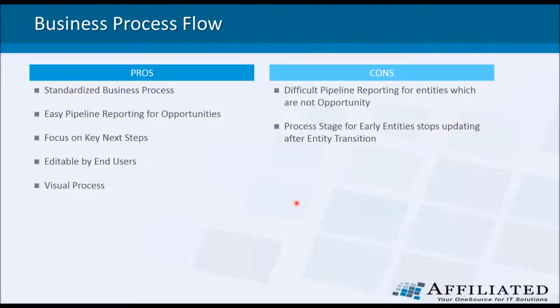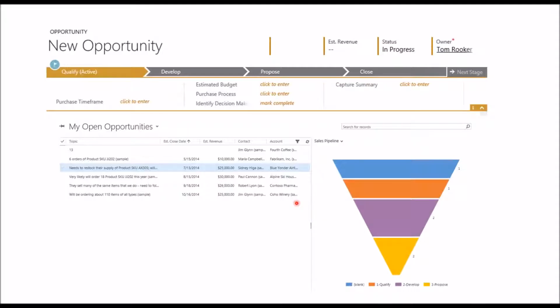So if I have a lead in stage 1 and we move to an opportunity in stage 2, that lead never gets updated with the stage 2 indication. And that may not seem like a big deal, but we'll show an example here of how that can cause problems when we're going to do reporting and when we're going to build charts in CRM. And then I'll show you how we've come up with a solution to that problem that we've implemented inside CRM.